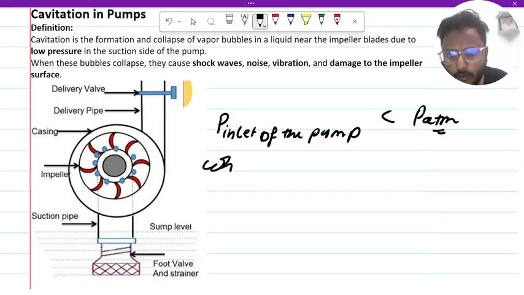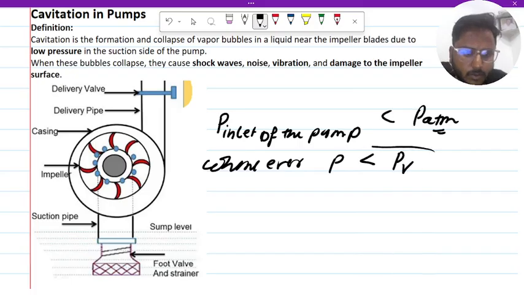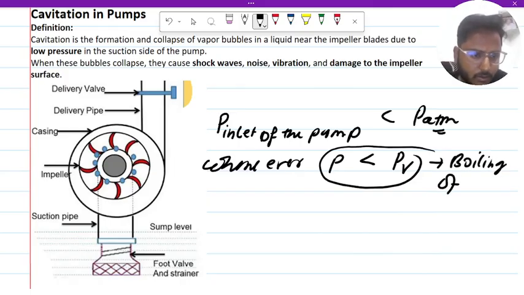So whenever the pressure is lower than the vapor pressure of the liquid, then boiling of the liquid takes place.